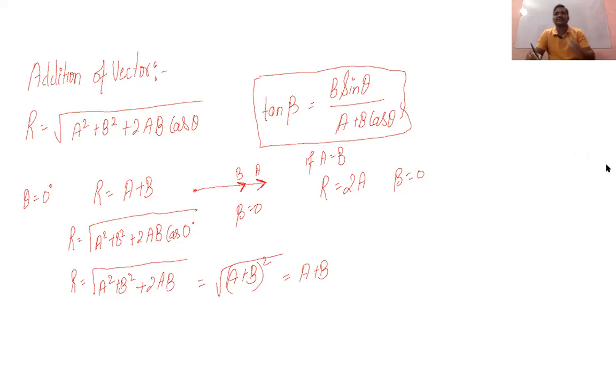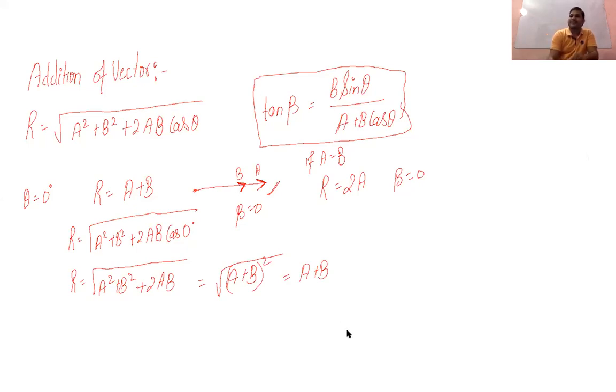So this is the case when theta was 0 degree, meaning the angle between the two vectors was 0 degree. We also took an example of this. Do you remember the example, dear students?